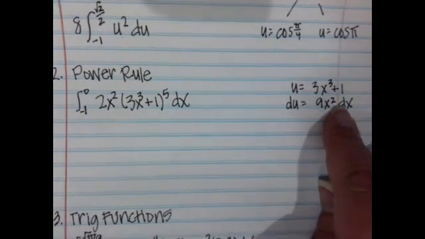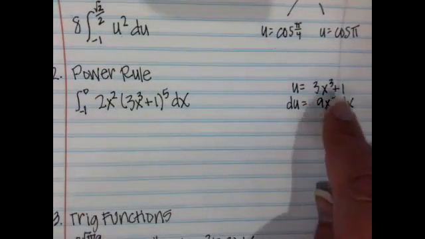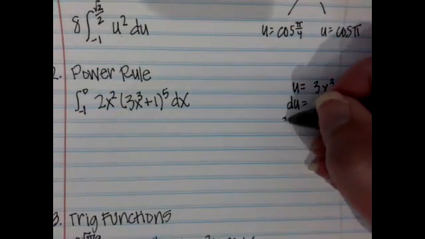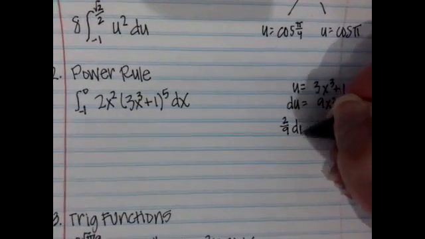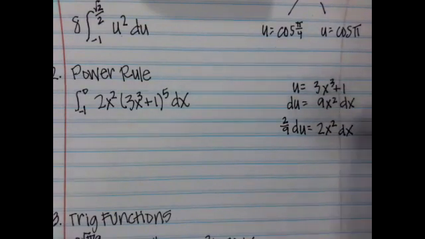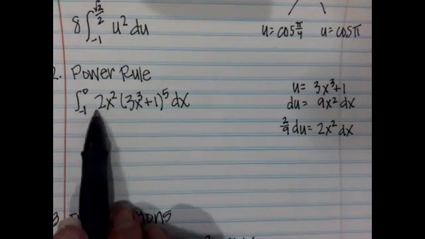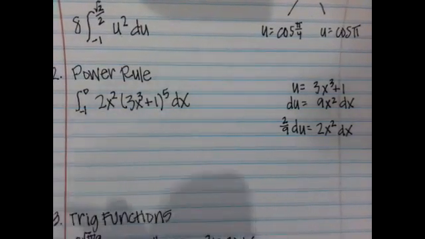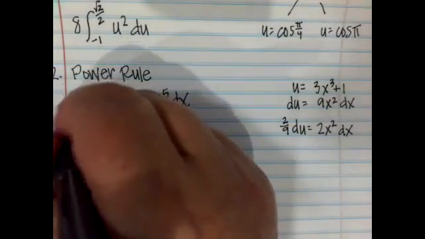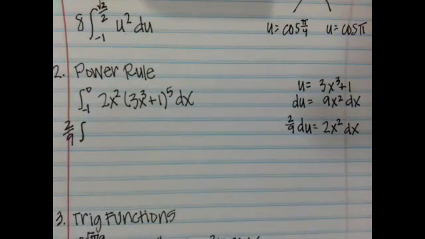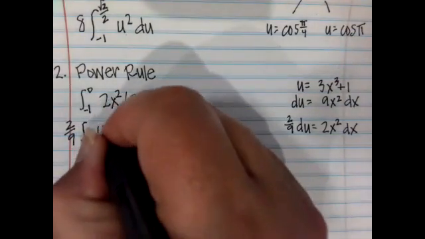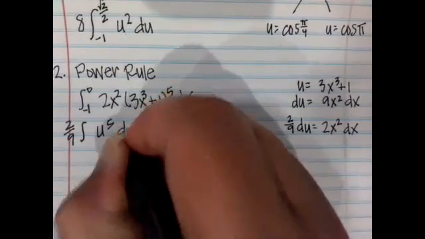And then the same thing, you've still got to make those match. So to make a 9x squared match a 2x squared, we're going to have to multiply by 2/9. So I'm going to multiply 2/9 du equals 2x squared dx. And now we're ready because we have a 2x squared, we have a dx, and we have our u to the 5th. So now I can rewrite this as 2/9, usually goes on the outside, and then 2x squared dx is du, so that's just u to the 5th du.